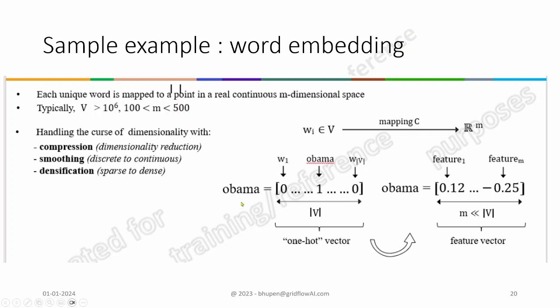Let's take an example. Let's say the word Obama. By using a traditional method of vectorization, you could represent Obama having something like a sparse representation. For example, let's say you have 100,000 words. So this vector would be 100,000 elements long, and it would have a one in a particular place.